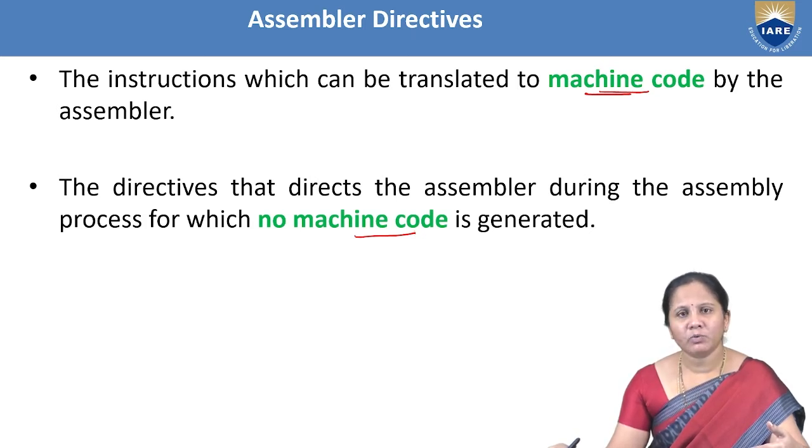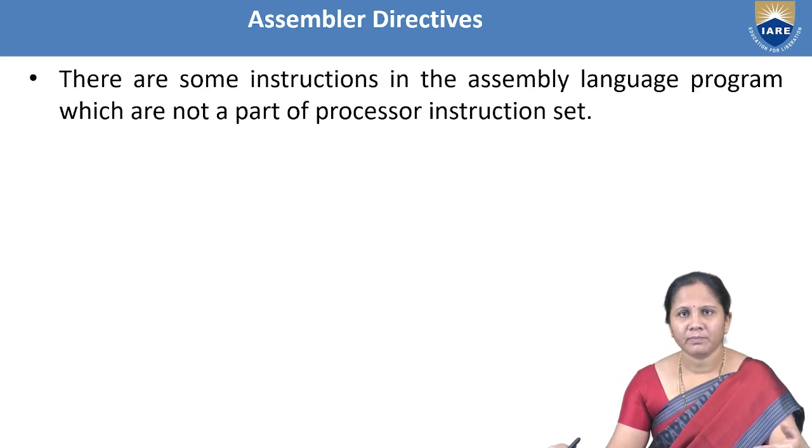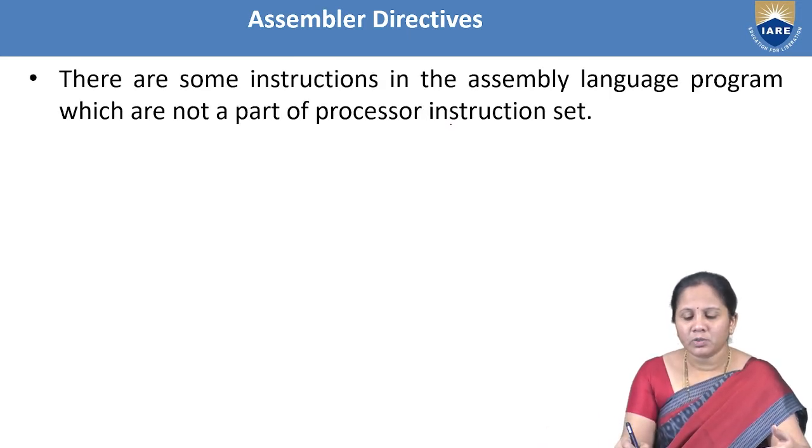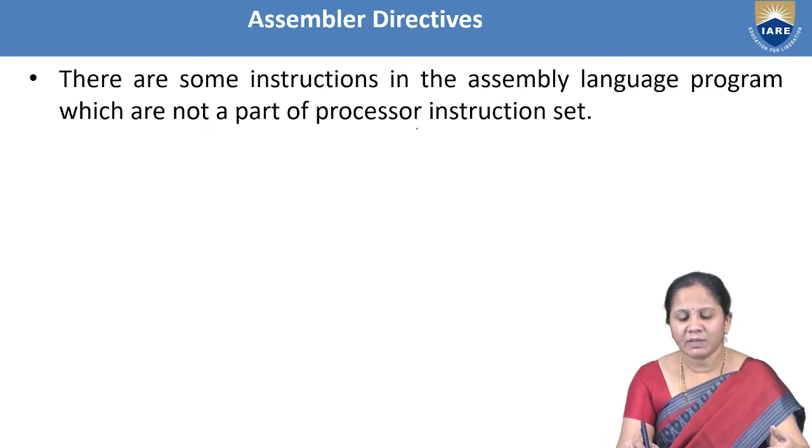Now we will discuss all such special instructions that come under assembler directives and how they tell the assembler what function it has to perform. There are some special instructions in the assembly level language program which are not a part of the instruction set. They are called assembler directives.